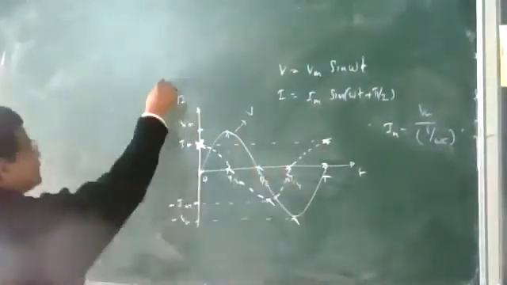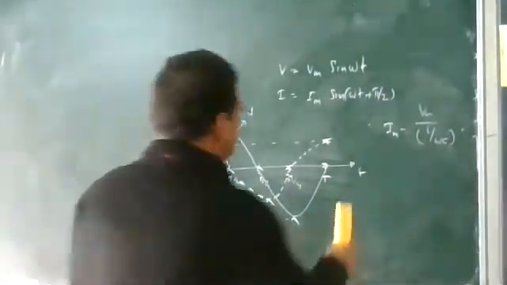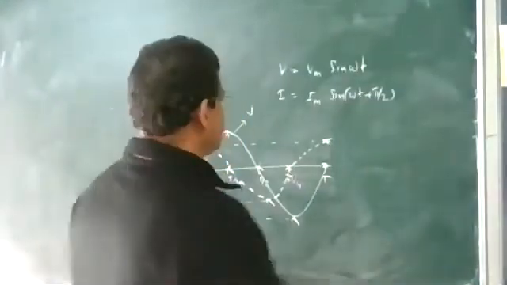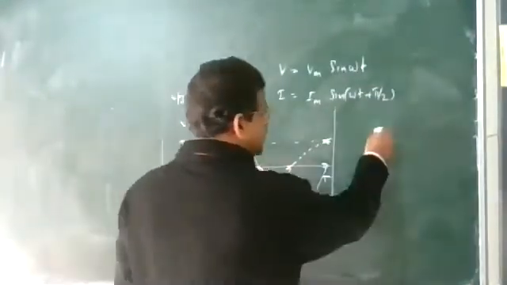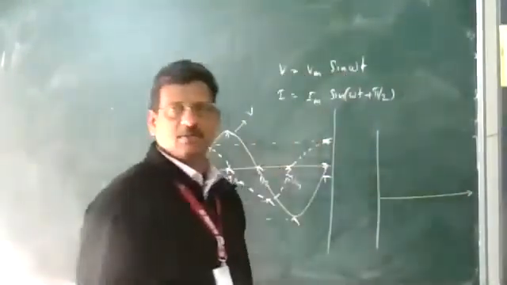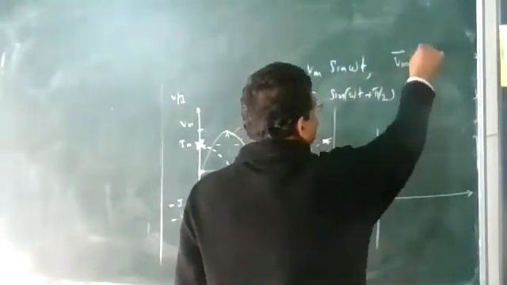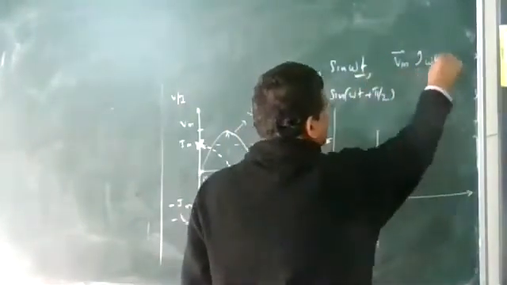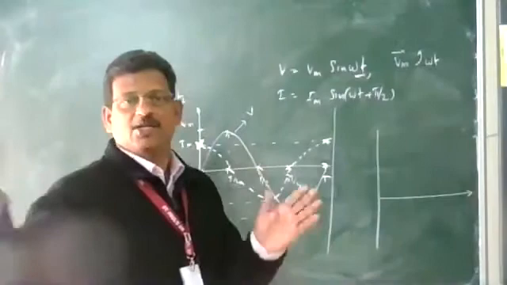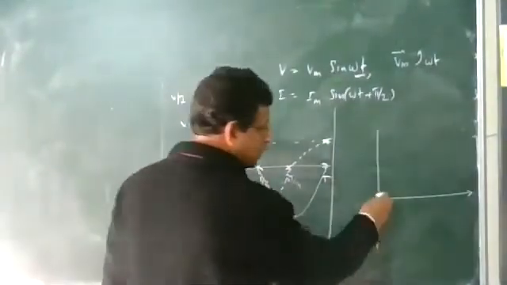Phasor diagram is two-dimensional, with x-axis and y-axis. First one is the Vm phasor. The Vm phasor will rotate through an angle omega t in the anti-clockwise direction, and its value is Vm, say 10 volt. That is represented by OA.